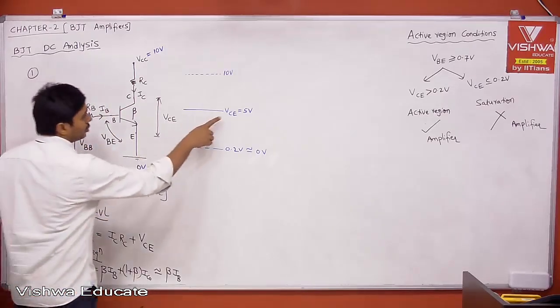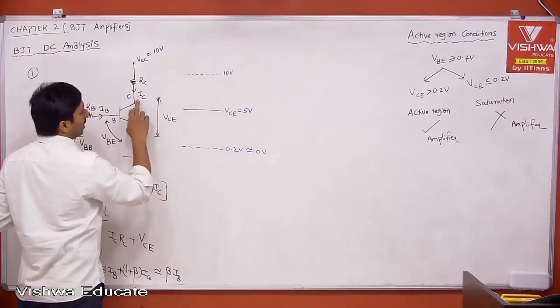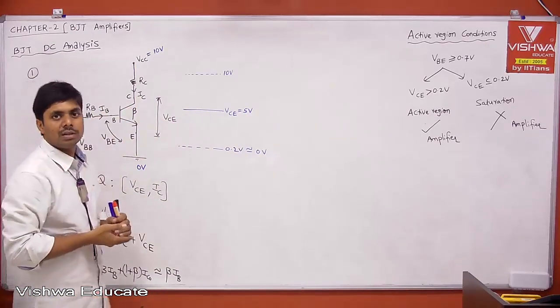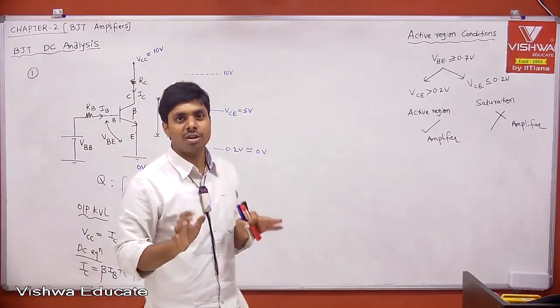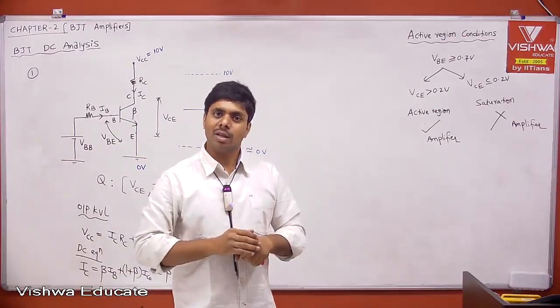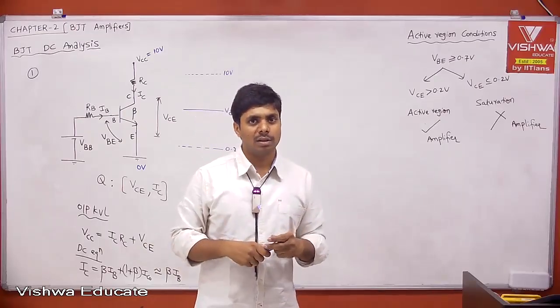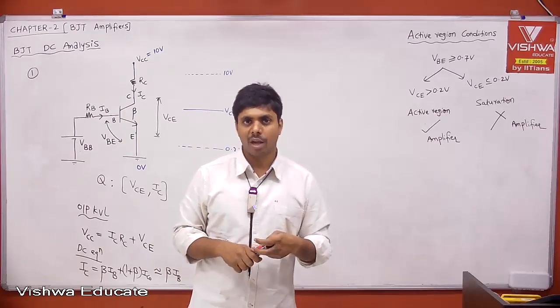Whatever VCE you set, which is 5 volt, and whatever IC you got, that VCE, IC should be stable. It should not change. Whatever operating point you set, that should be stable. Is the concept clear?